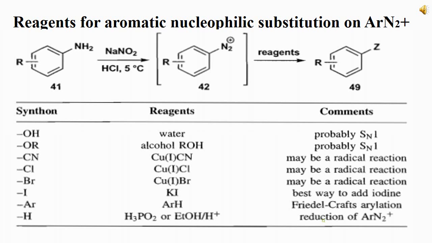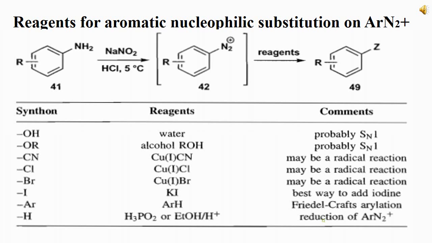The reagents for these can be water, alcohol, cuprous cyanide, cuprous chloride, cuprous bromide, potassium iodide, an aromatic compound, even benzene, and then phosphoric acid, or ethanol or H positive. Ethanol in the acidic medium.